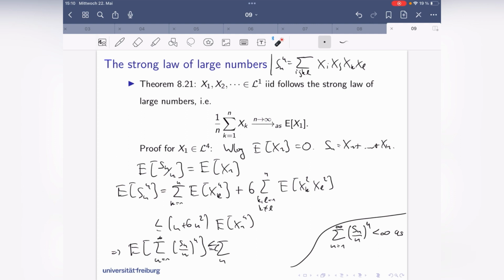In this constant I have the expectation of x1 to the power of 4, and I have something, 6 or something from here. But what stays is 1 over n squared, and this is finite. So this is a random variable which is finite, so it's almost surely finite, and we are done.